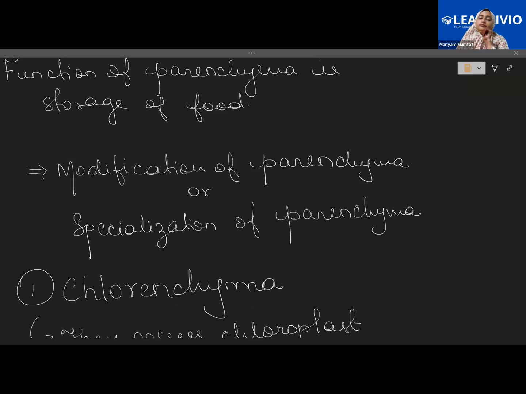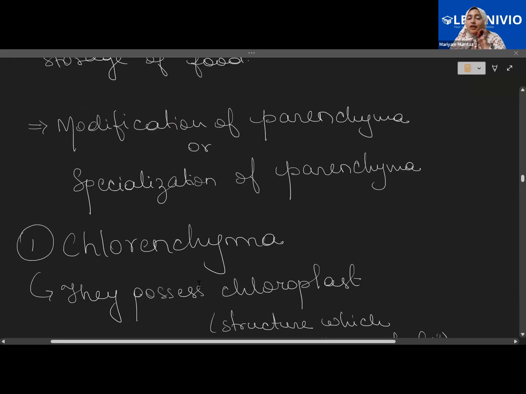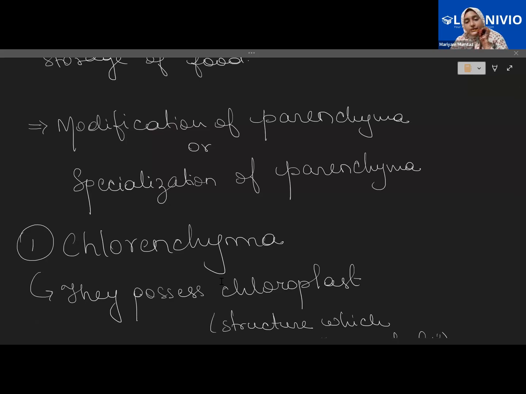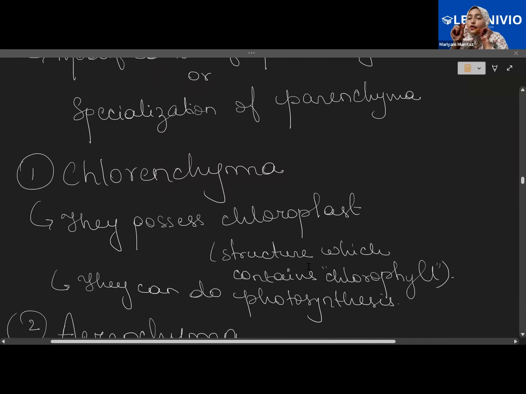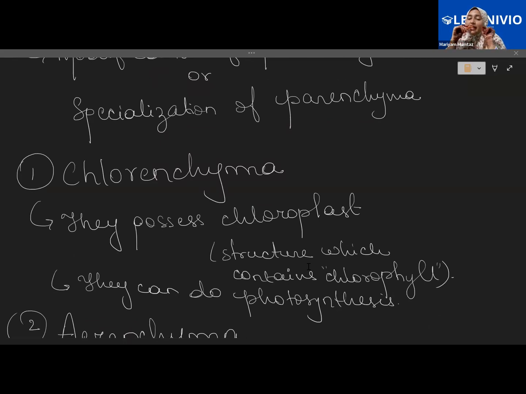The first kind of specialization is chlorenchyma, meaning all those parenchyma tissues that have chloroplast. Chloroplast is the structure in the plant responsible for the green color pigment, chlorophyll.